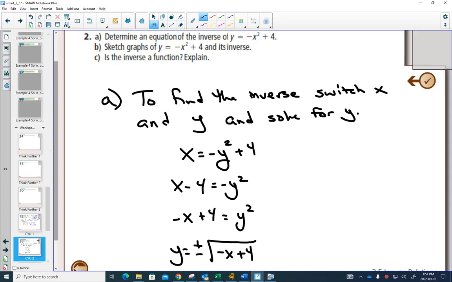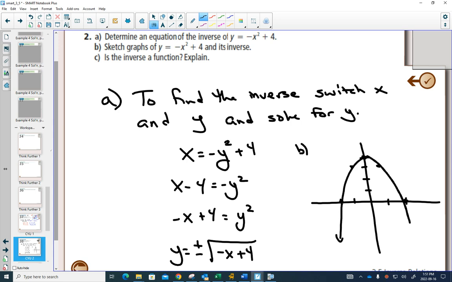So using this year's math, here's part B, I could graph by x squared, flipped over, moved up 4, 1, 2, 3, 4. See how I went over 1, over 1, down 3? And there I have my graph of the original.